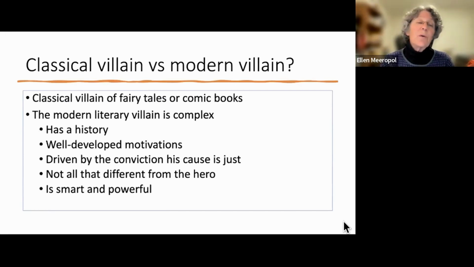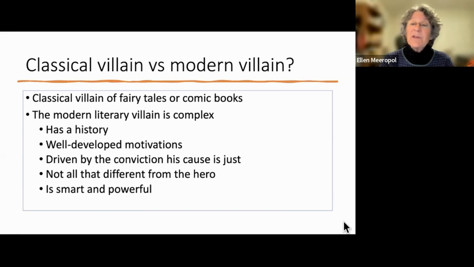Villains are a critical part of the storytelling traditions, but the classical villain of fairy tales or comic books, the guy dressed in black, cackling and rubbing his hands together as he contemplates his evil deeds, may not be all that useful for us today. The modern literary villain is complicated, usually a character with a history, with yearnings, with unfulfilled wants, motivating his or her behavior.